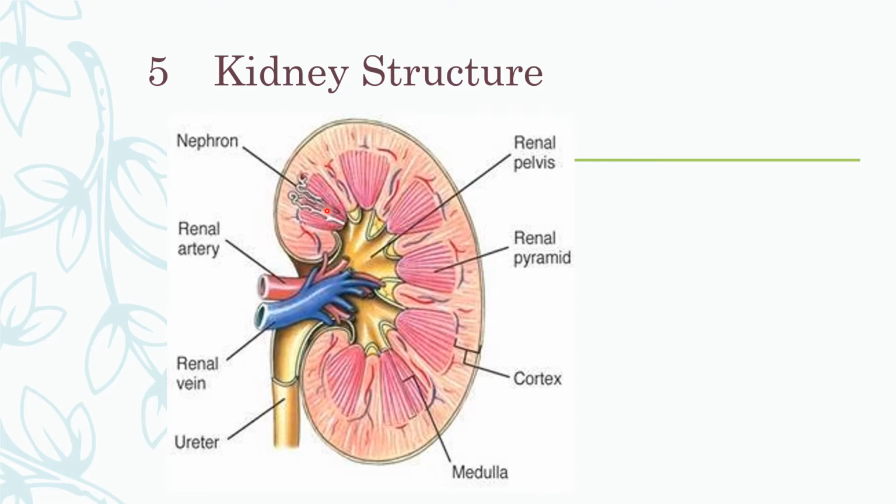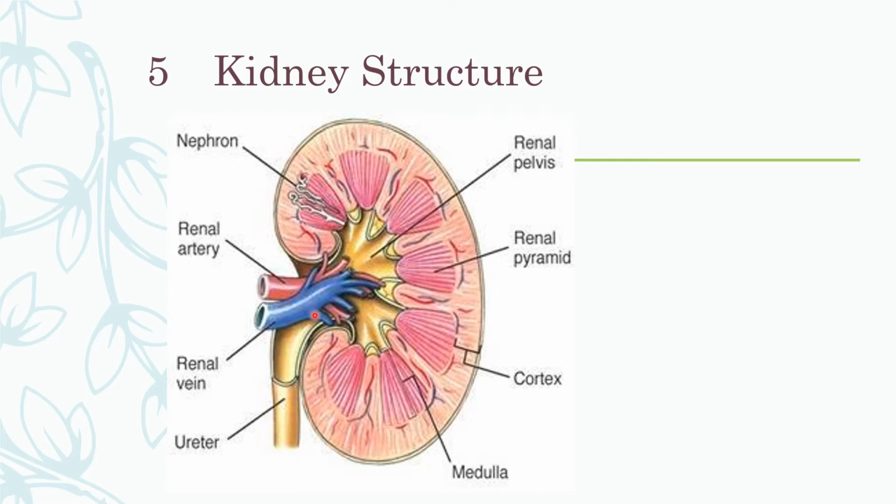And we have these cone-shaped structures within the medulla that are known as renal pyramids. These renal pyramids point towards the renal pelvis. Here you can see the renal pelvis in yellow. The renal pelvis is going to dump into the ureter, which is here.